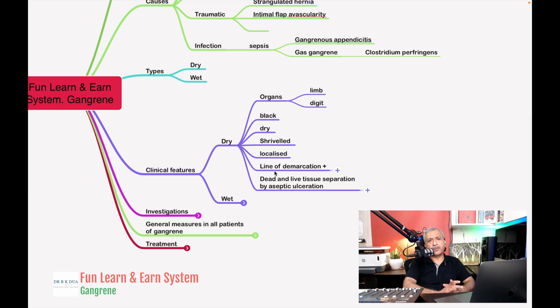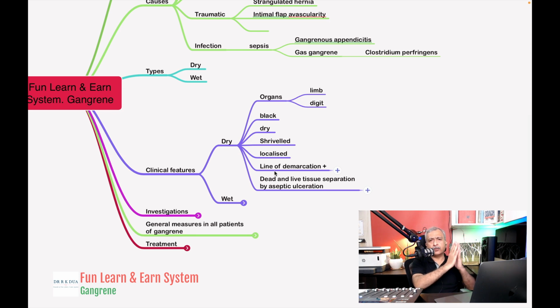So line of demarcation is also present in case of dry gangrene, which is absent in case of wet gangrene. So what exactly is the line of demarcation? There is a clear cut line between the dead tissue, that is the black tissue, and the living tissue.